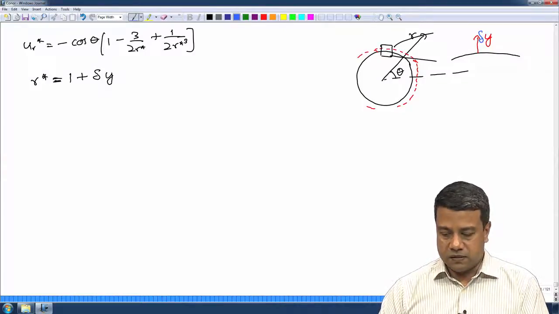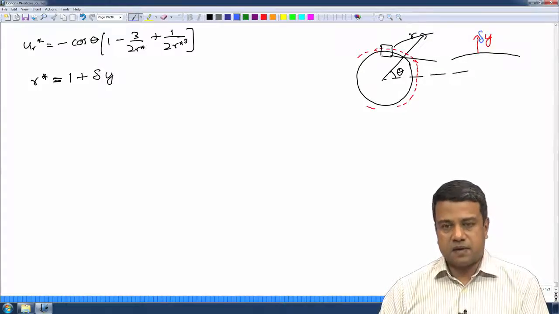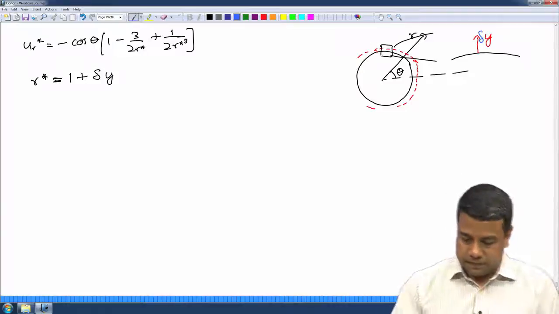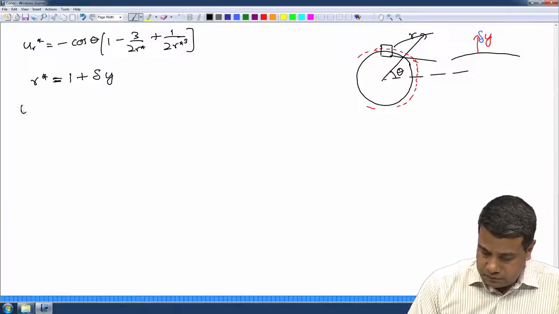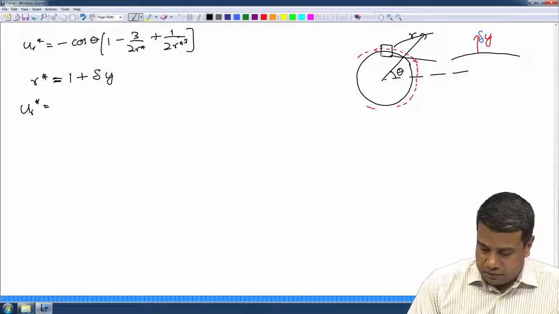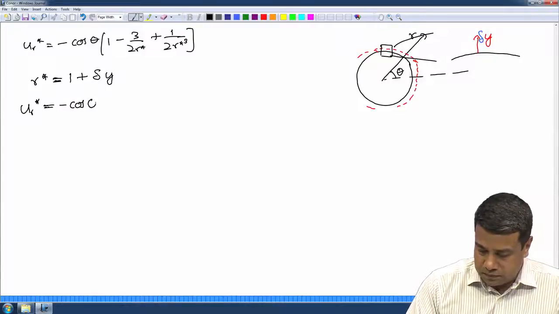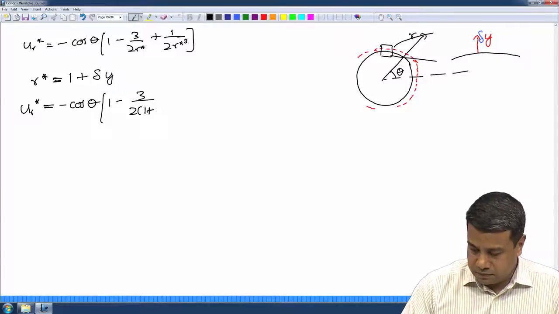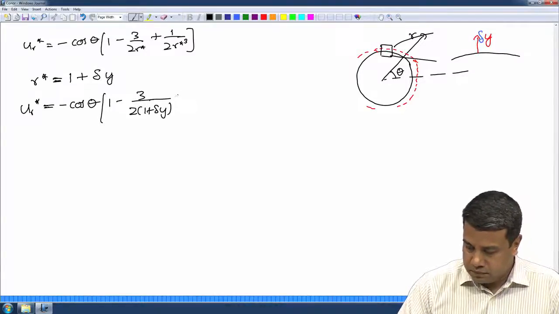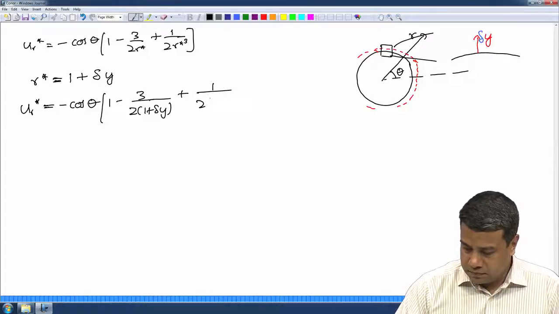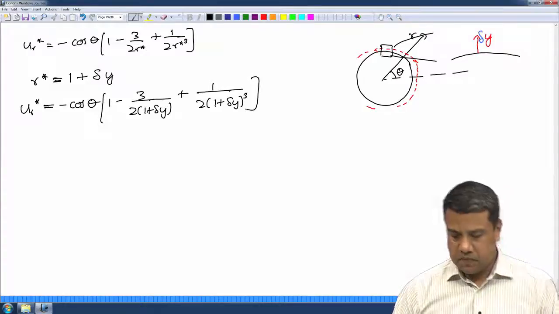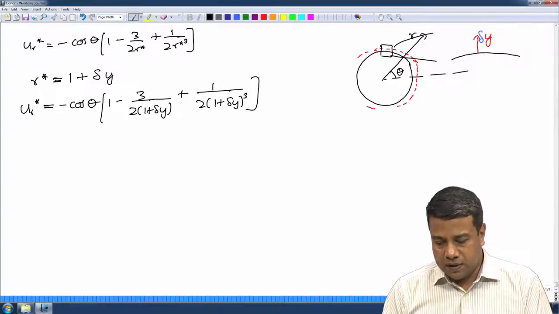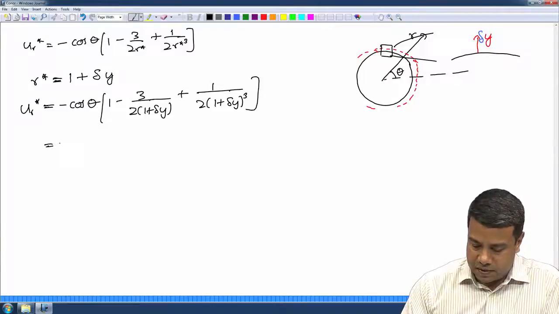Therefore, I define r star is equal to 1 plus delta y, and then I have to expand the velocity in terms of r star. And use a binomial expansion for each of these terms.